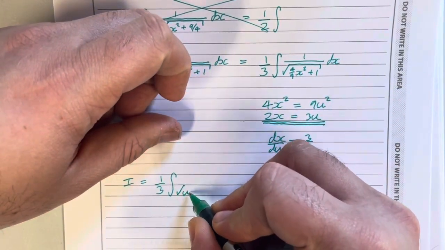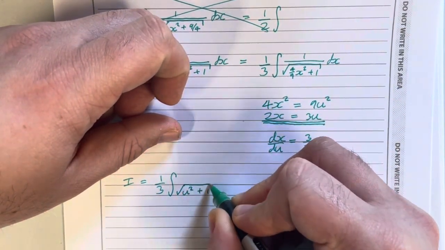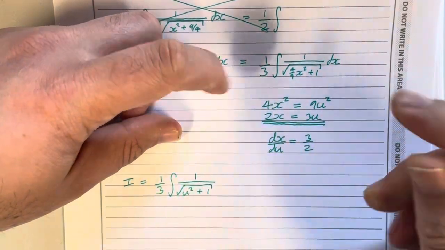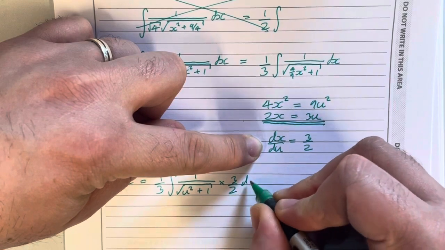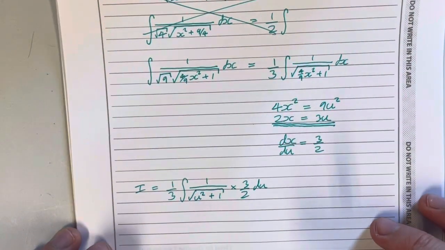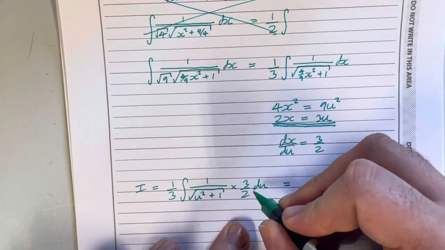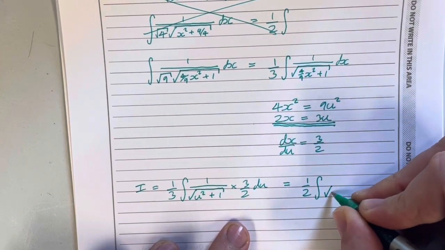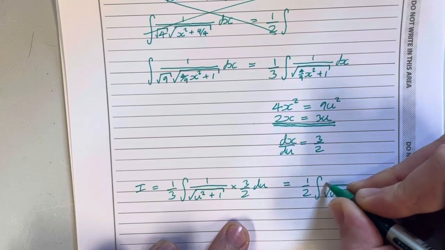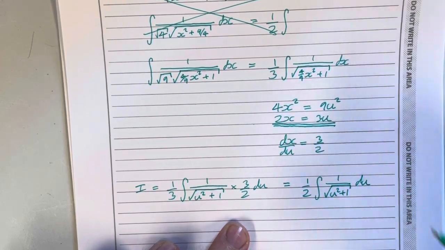So that's the square root of u squared plus 1 divided by 1 times dx, but dx is 3/2 du. We end up with that, and the 3 cancels, and I get a half there, and the integral of the square root of u squared plus 1 over 1 du.